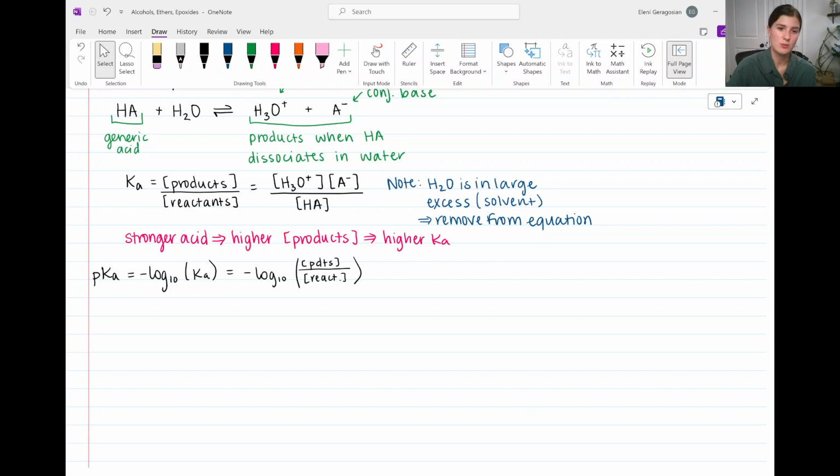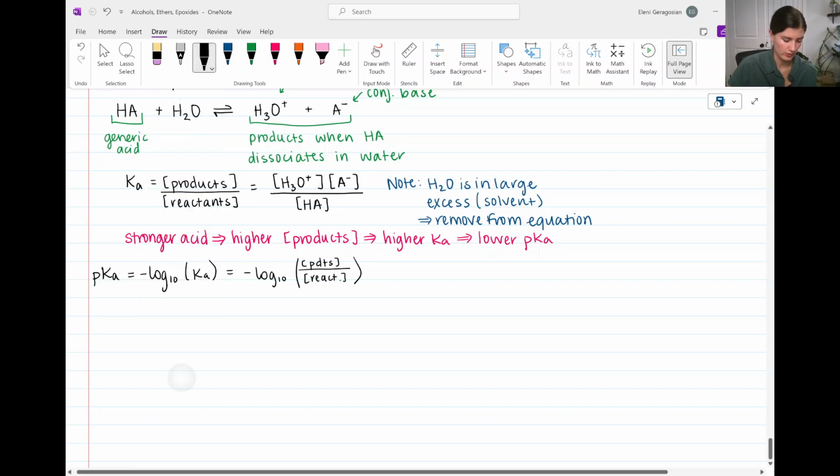And then weaker acids with a smaller Ka value will have a higher pKa. So let's add this on here. Higher Ka, lower pKa. Again, that's because we take the negative log. That negative is important here.